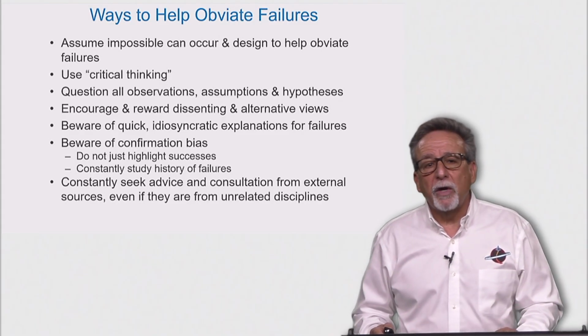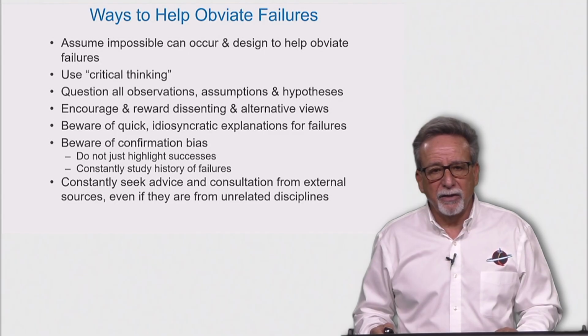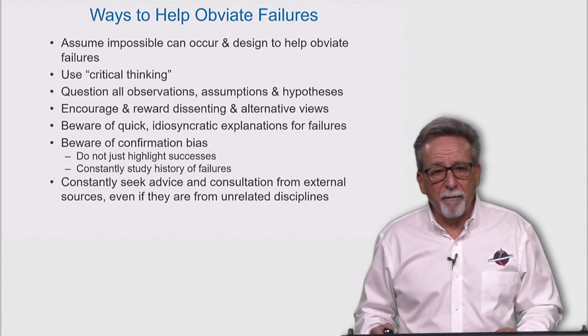We need to critically question all observations and key assumptions. Dig deep and remember to ask several whys in succession as you go through this process. We need to encourage and reward dissenting opinions. And we need to create an environment which is psychologically safe.